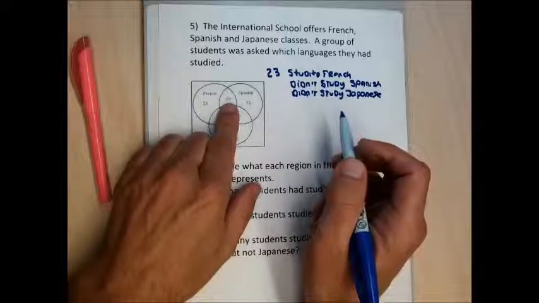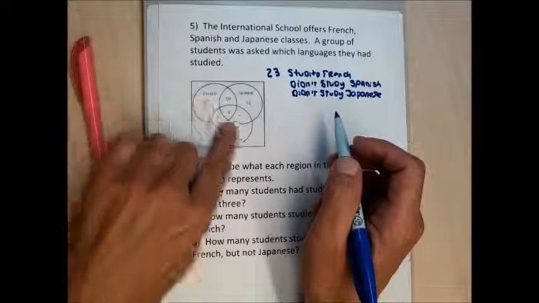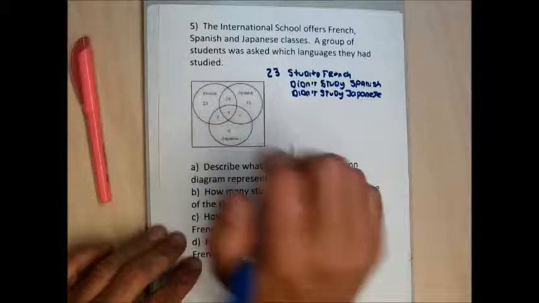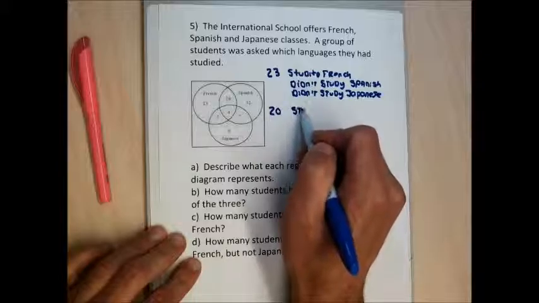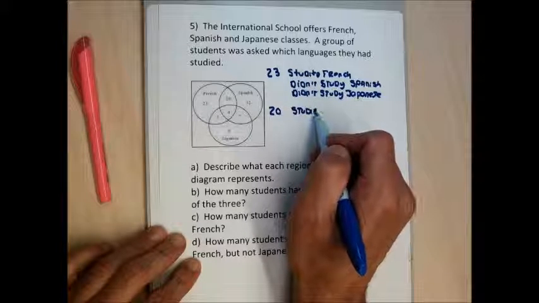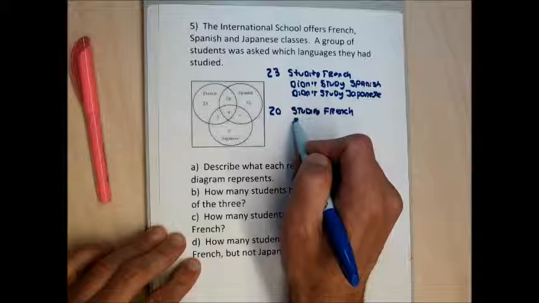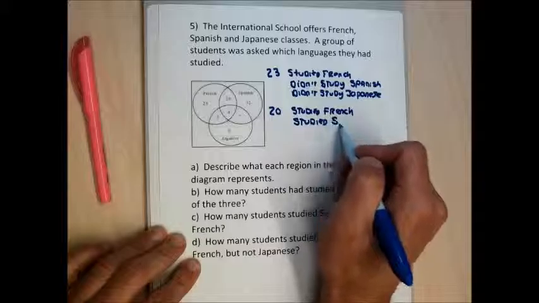These 20 right here, they're inside the French circle, so they studied French. They're inside the Spanish circle, so they studied Spanish. But the Japanese circle doesn't catch them. So those 20, they studied French. They studied Spanish.